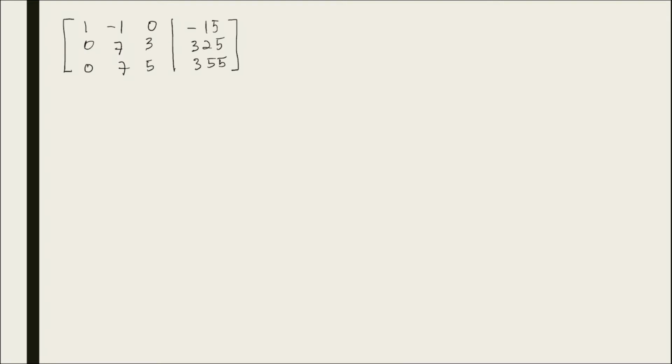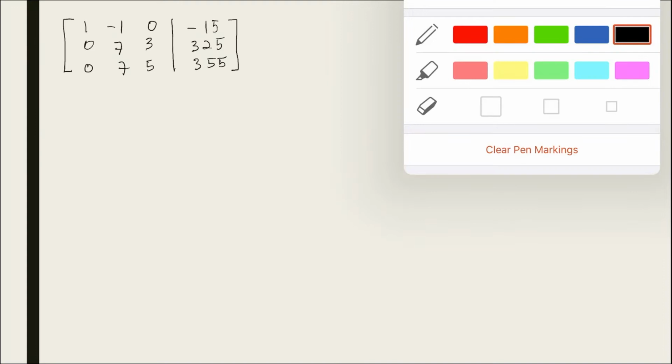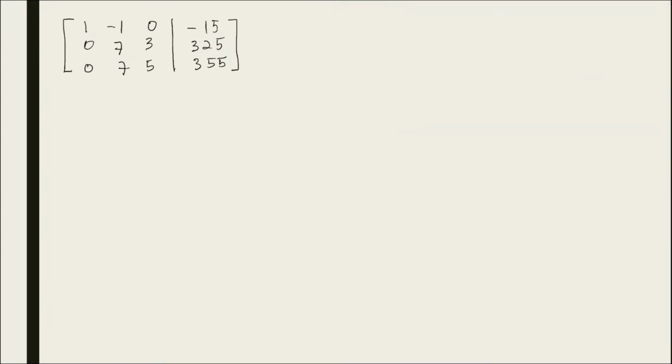Now we are done with the first column. Then we're moving on to the second column, and in the second column, we change the number to 1 first. So 7, how do we change 7 into 1? I will do 1 per 7 times row 2.